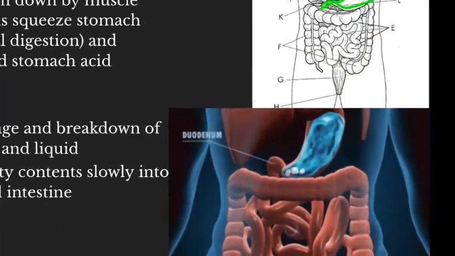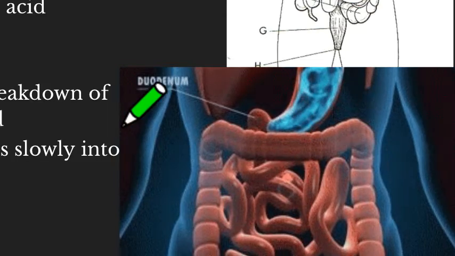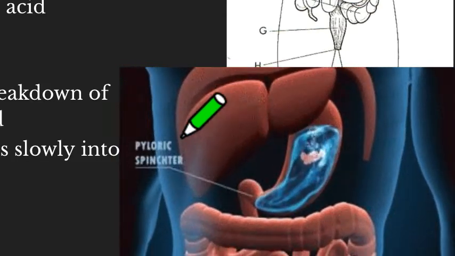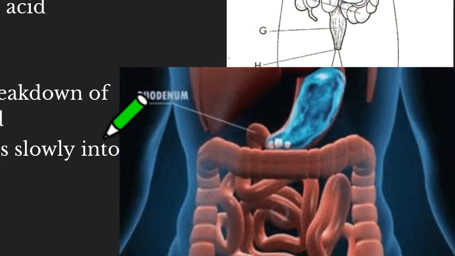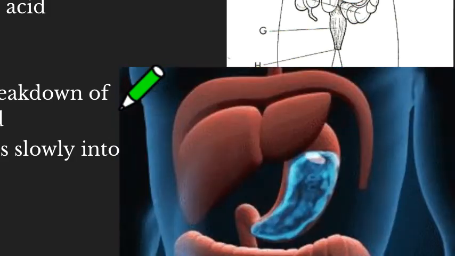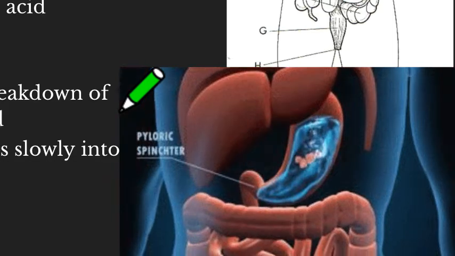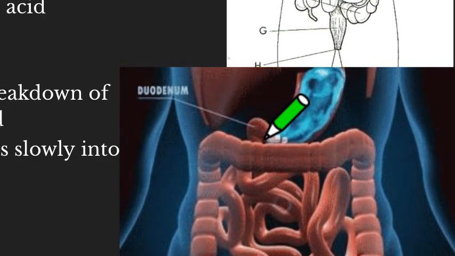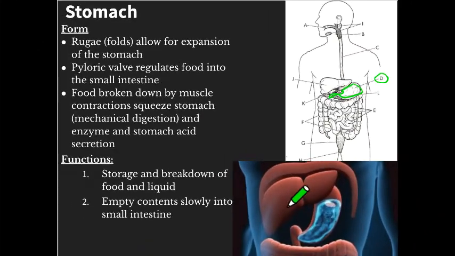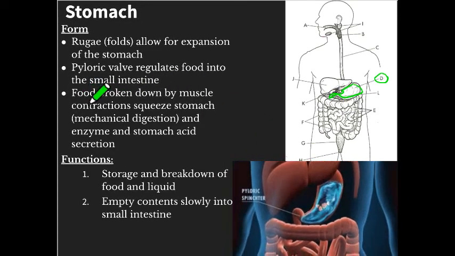The stomach has rugae, which are folds that allow the stomach to expand so you can hold a little more. It has pyloric valves, little valve muscles called sphincters, and basically they regulate food into the small intestine. You can see that right here highlighted at the bottom of the stomach. And then the beginning of the small intestine is coming next.